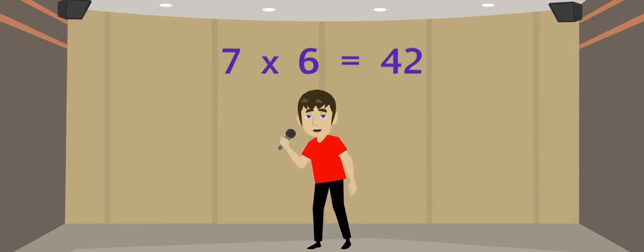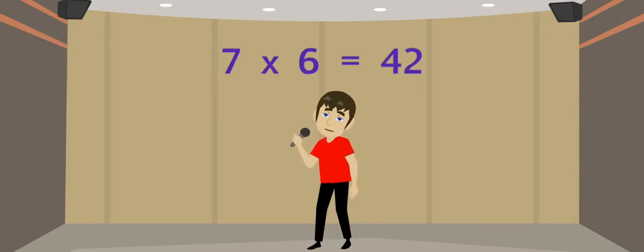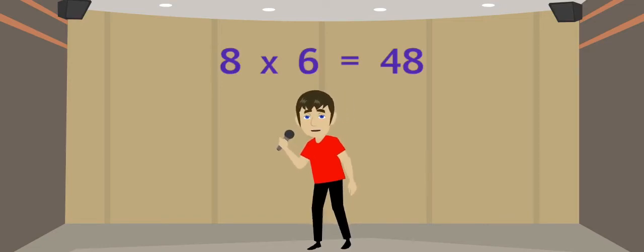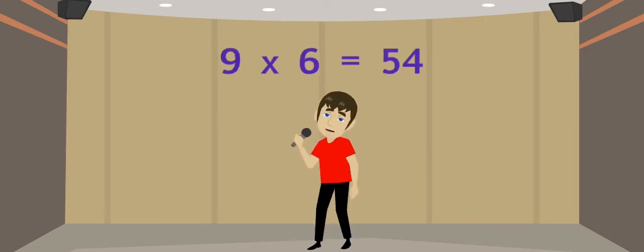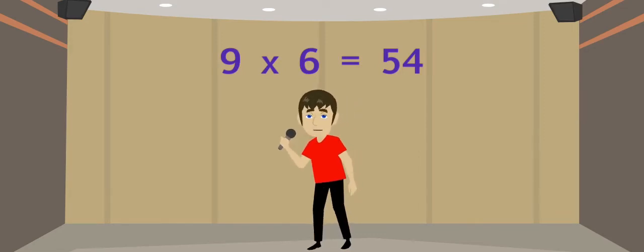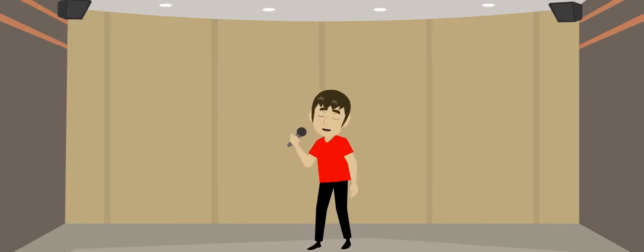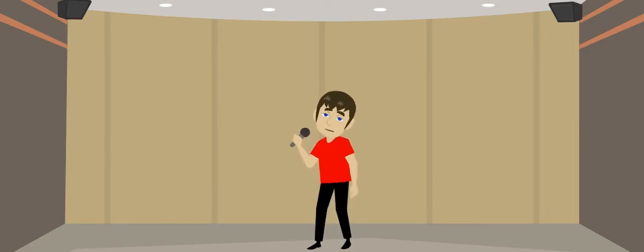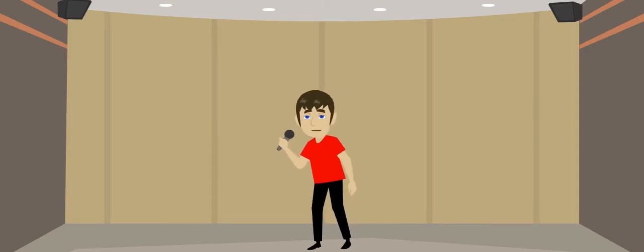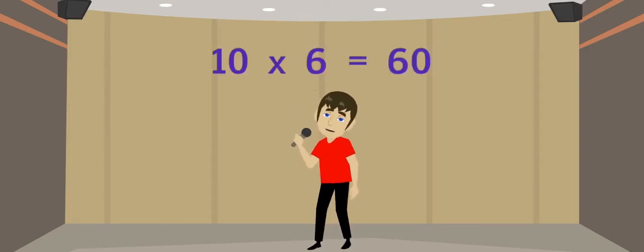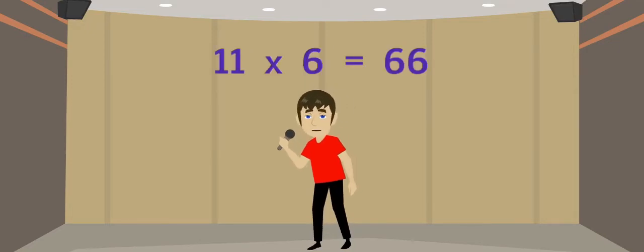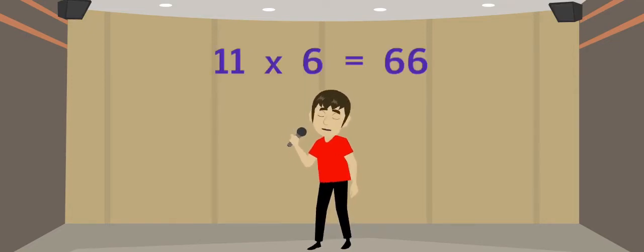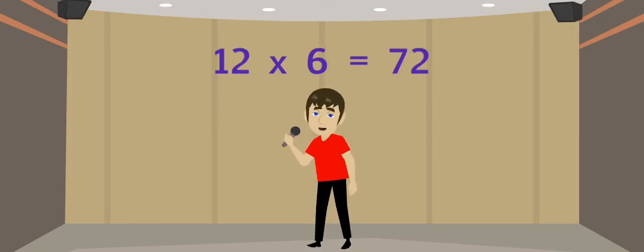7 times 6 is 42. 8 times 6 is 48. 9 times 6 is 54. Let's multiply with number 6. 10 times 6 is 60. 11 times 6 is 66. 12 times 6 is 72.